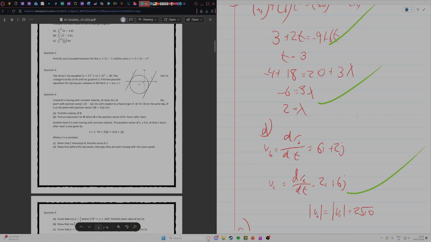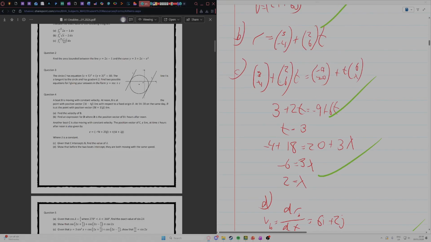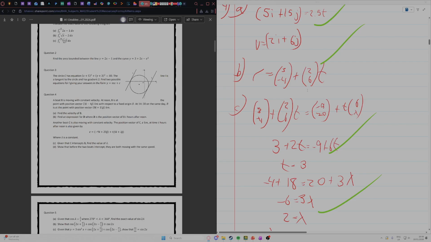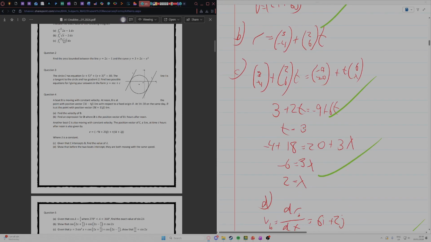Oh yeah, so there was probably an easier way to do this question. Given that they intercept, show that before they intercept, they're moving at the same speed. So what I did is I differentiated both of the equations with respect to time. Here it just leaves the time, because the constant goes away, and then it just leaves this vector here, because when you're differentiating vectors, it's the same as normal things, and same with the other equation.